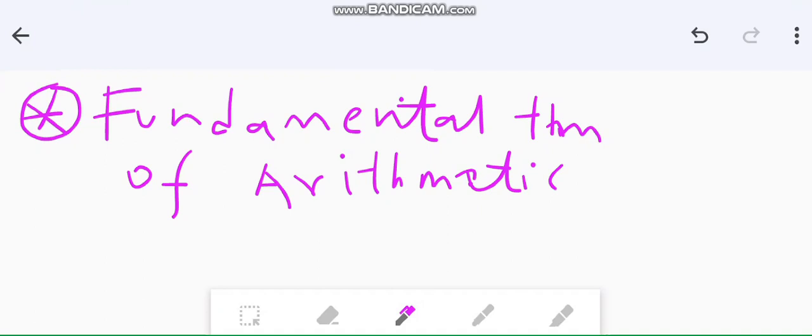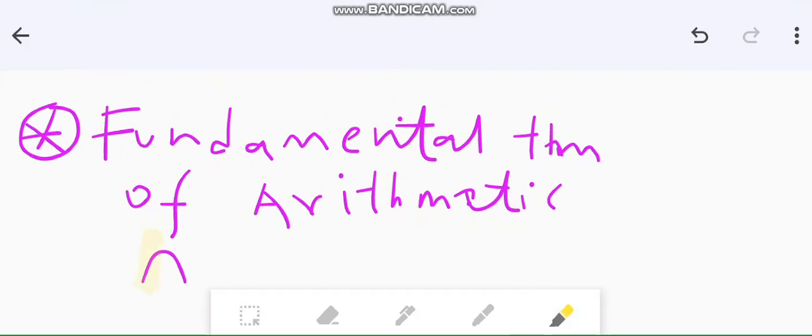So it basically says that if there is a number, let's say the number is an integer, which is greater than 1. Suppose n is an integer. So it is greater than 1.